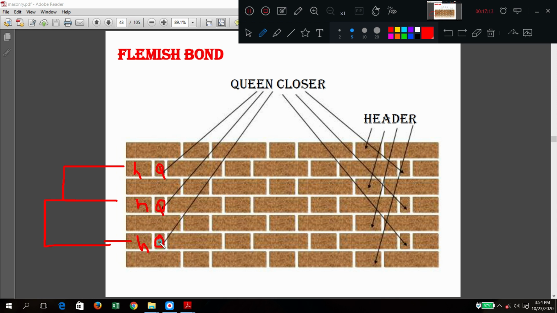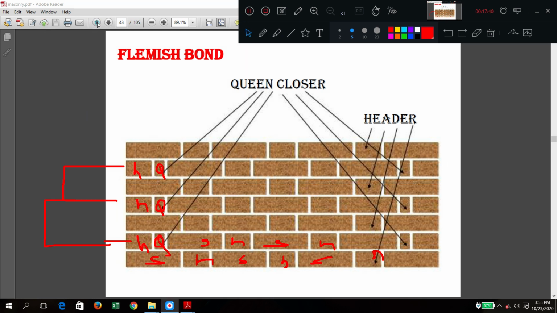So for every course which is started with header unit first, there will be queen closer next, and after that S and H is there for all the layers. I hope now it is clear here.